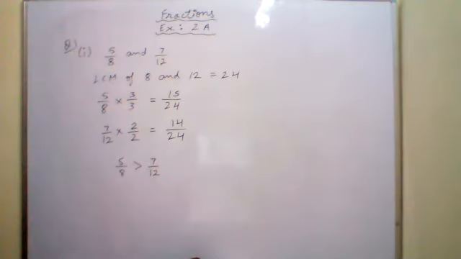After making the denominators equal, we have to just compare the numerators. So try doing the second part, all of you. You will do it on your own. Second part करिए.